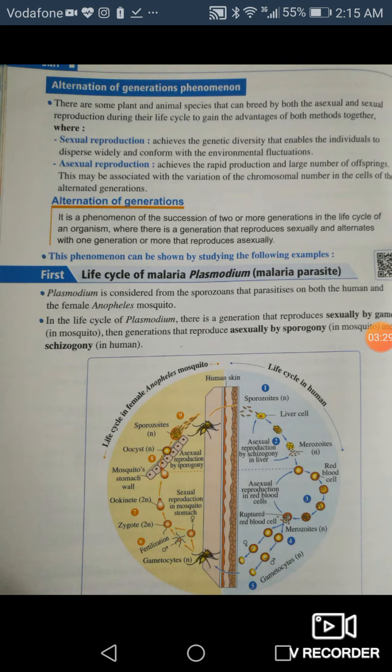Then there are generations that reproduce asexually by sporogony in the mosquito and schizogony in the human. So the life cycle of plasmodium, the malaria parasite, is divided into two parts, inside the body of the mosquito and inside the body of the human.